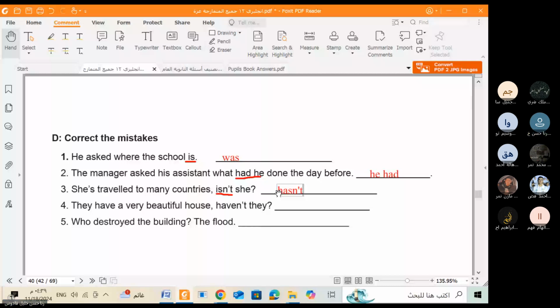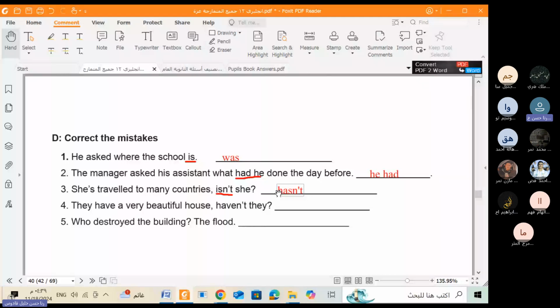Teacher, now the day before can be a keyword for the past perfect. You mean when you correct the tense of the verb? No, in the previous example, he said the day before.